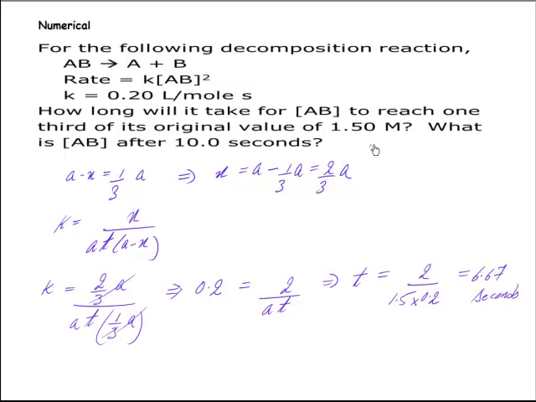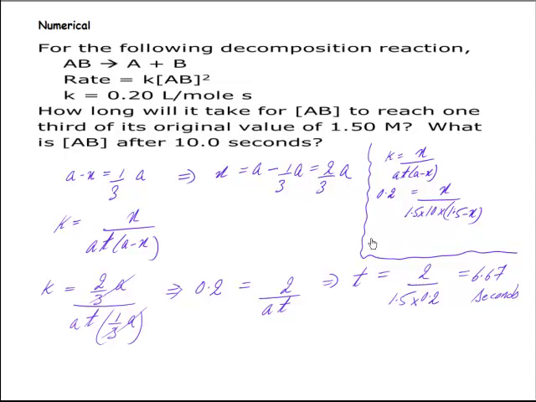So the only unknown is X, and once we know X, we can always calculate the value of A minus X. So let me write it down. The rate constant is 0.2. X is what we don't know. A is 1.5. The time is 10 seconds and A minus X is effectively 1.5 minus X. So that means X is the only unknown and can be found, and the unit of X obviously will be moles per liter, moles per dm cube.